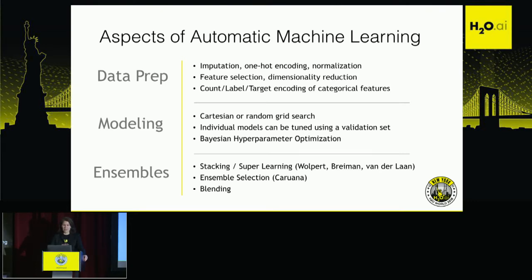So it's sort of this meta-learning or second-level machine learning step. And there's another type of ensemble selection, which is a greedy approach to adding new models into your ensemble. And then there's another, let's say technique. It's sort of more of a generic term, but another type of ensembling called blending.